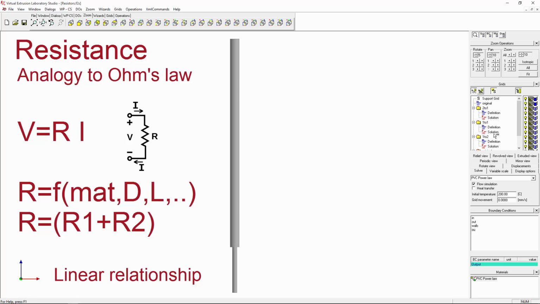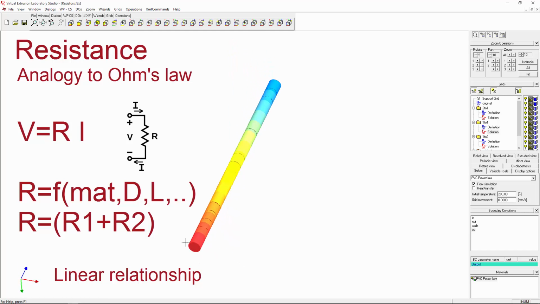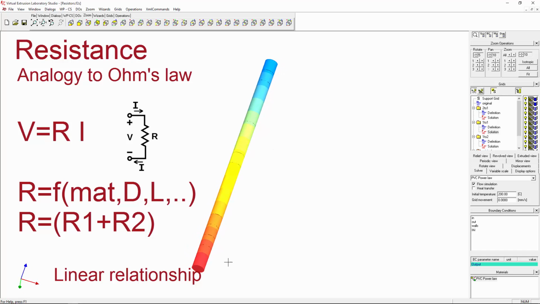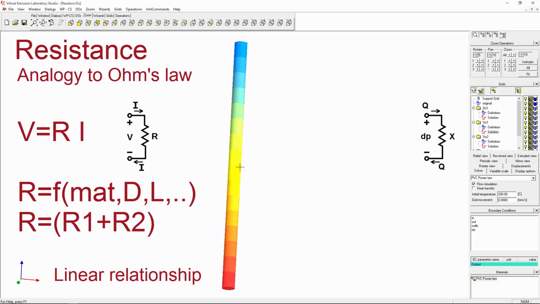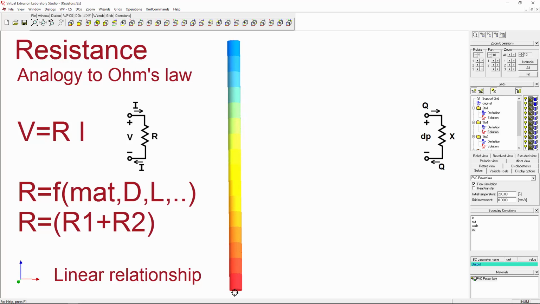If we just look at the flow in a simple pipe, where we have an entrance of certain mass and an exit, we of course can get any flow only if there is a pressure drop, or you may say if there is any pressure drop we get the flow. And we get the pressure drop as a result. Well, the pressure drop is simply equivalent to our voltage, and the flow coming through, that's our current.